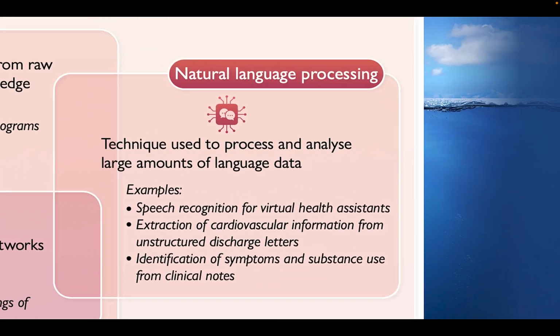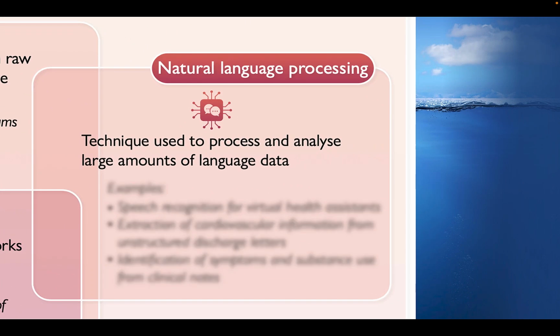When we want to get insights on texts, we need to look at natural language processing. This is a technique used to process, like it says, and analyze large amounts of language data, texts. And nowadays it is not only able to analyze these texts, but also to generate them. I come to that later on.